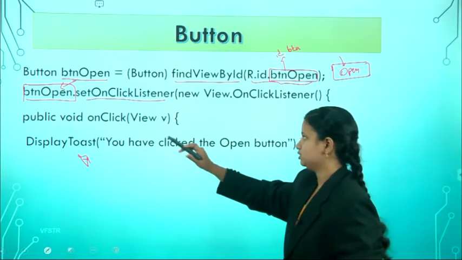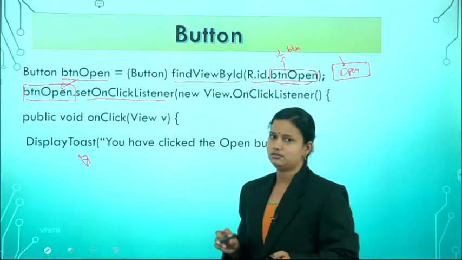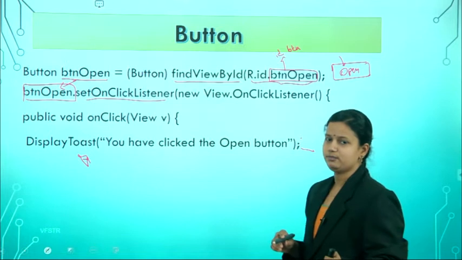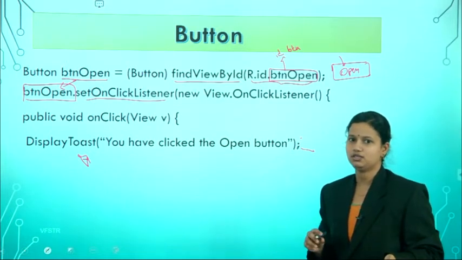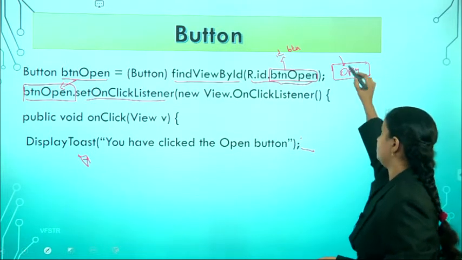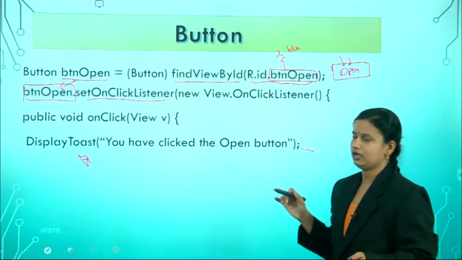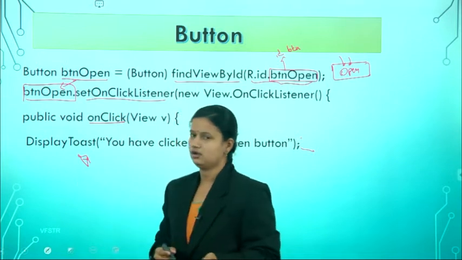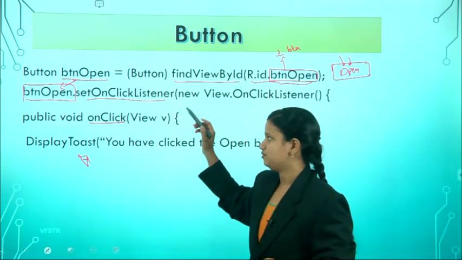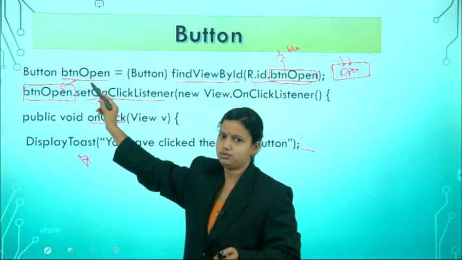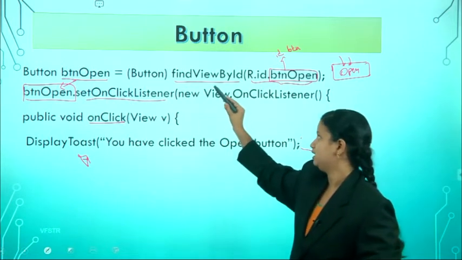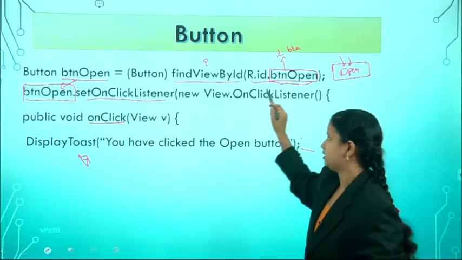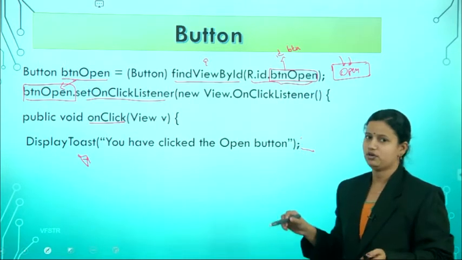So we have to invoke the OnClickListener. In that OnClickListener, different methods are there. From those methods, what action are we performing? When the button is clicked, it automatically implements one of the methods, onClick. So the first thing is we create an object for this button by using findViewById, and the value we specify is the ID of the corresponding button.